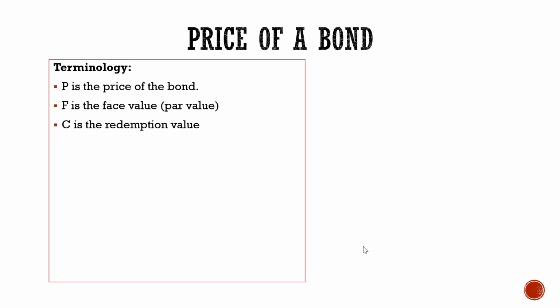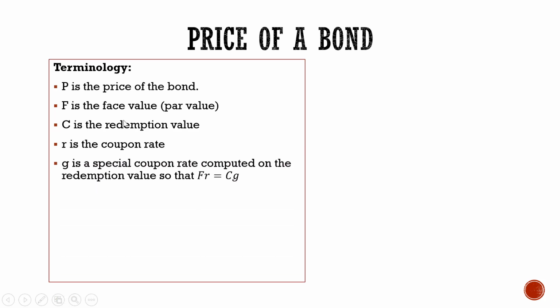C is the redemption value, which is the amount that you receive back at the end of the term. r is the coupon rate, and this coupon rate is computed on the face amount. g is a special coupon rate computed on the redemption value because, as I said, sometimes F and C are not the same. So g is the coupon rate computed on C and r is the coupon rate computed on F. Just make sure it satisfies Fr equals Cg to guarantee that the coupons still remain the same.